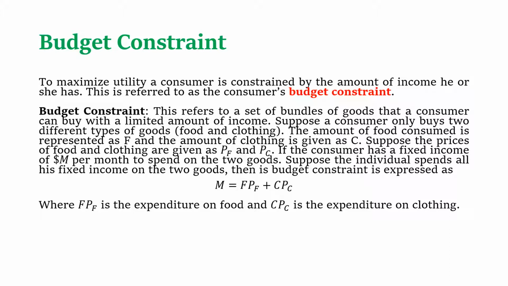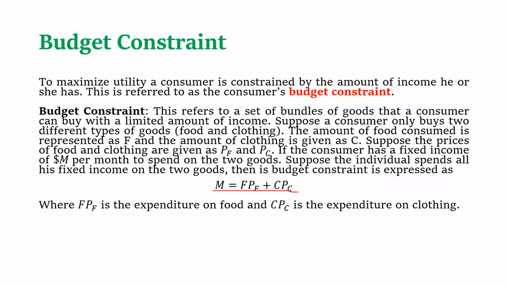Now, if we take the sum of the expenditure on food and the expenditure on clothing, that total amount will be equal to the consumer's income, which is $M. So as you can see here, we have the budget line given as this: M equals FPF, which is the expenditure on food, plus CPC, which is the expenditure on clothing.